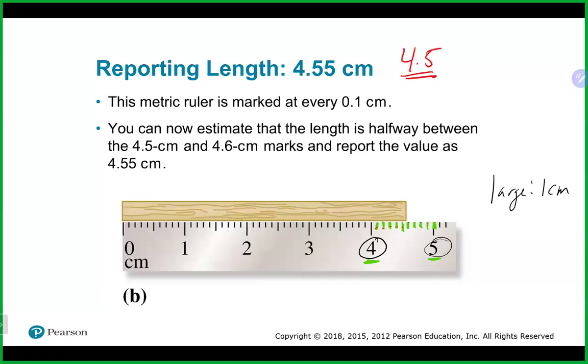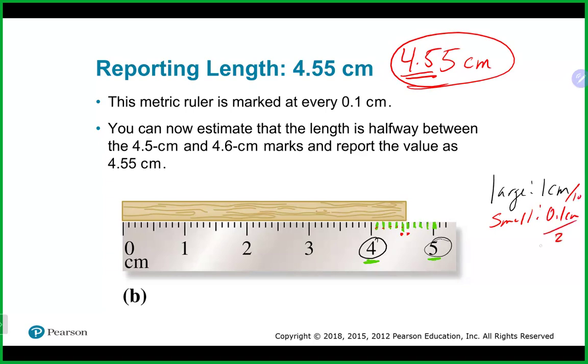Once again, this is where the estimate comes into play. We're between basically the 4.5 mark and the 4.6 mark, so going halfway between gives us 4.55 centimeters. Our small markings, since we had 10 of them, are each 0.1 centimeters. Divide that by 2, and it gives you 0.05 centimeters plus or minus.